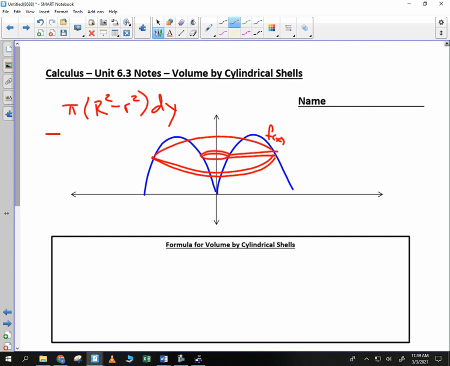So you'd end up with pi times f of x squared minus f of x squared dy, wouldn't you? They just go away. They'd be gone, wouldn't they? So the blue function, like that, produces this spot right here, and it also produces this spot right here. Is that better? See now?